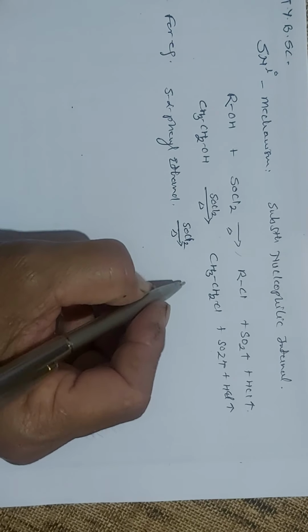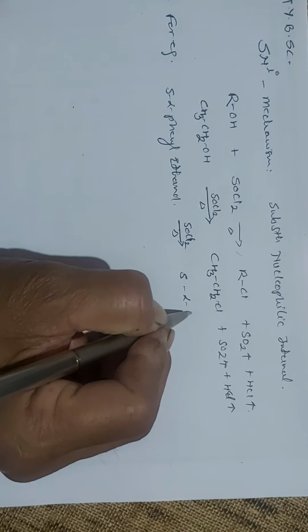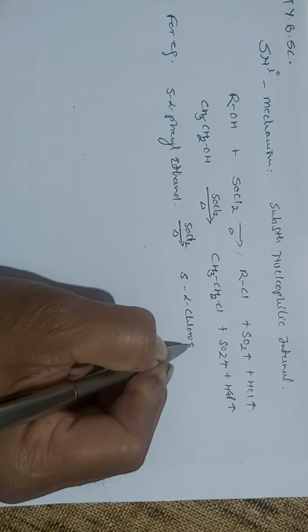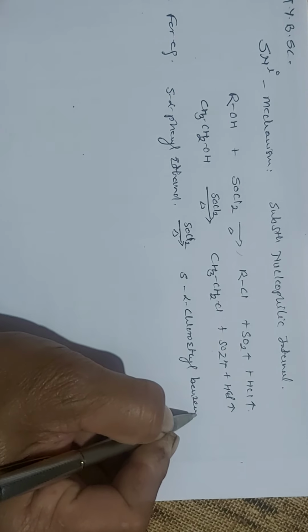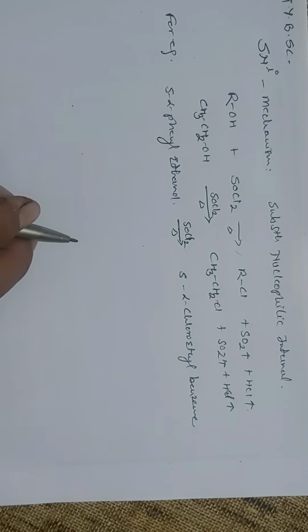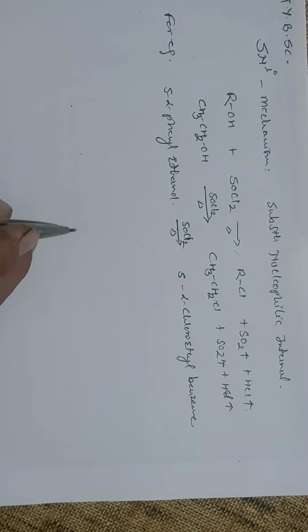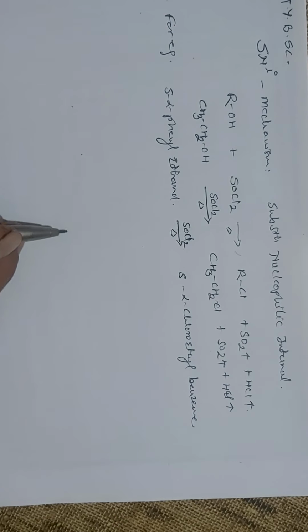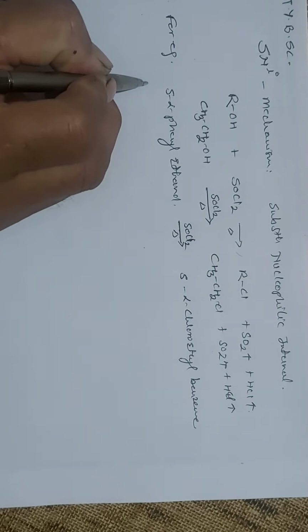Here it gives you the formation of S alpha chloroethyl benzene. And this reaction proceeds with SNi mechanism with retention in configuration, in which the intimate ion pair is obtained as an intermediate.